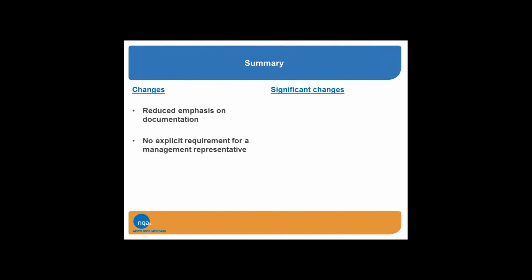There's no explicit requirement for a management representative. There's no explicit reference to preventive action. And there's some new terminology. So those are changes. As quality professionals and as auditors, what are the significant changes?